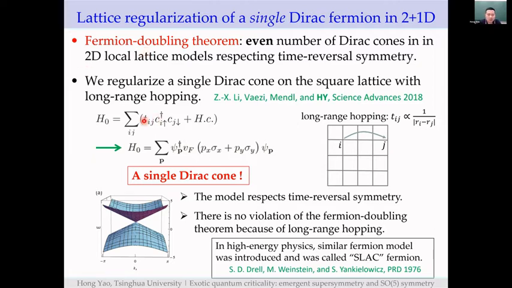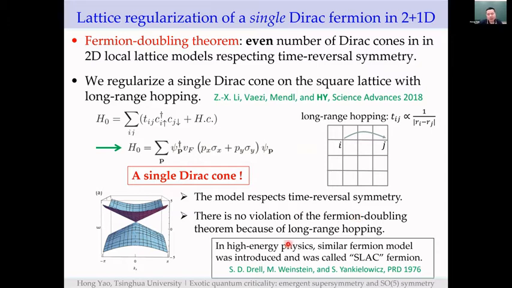We consider this hopping between spin up and spin down, but the hopping is not strictly local. Actually, at long range, the hopping decays as a power law, a 1/r decaying hopping strength. If we do a Fourier transform of this long-range hopping model, we get a perfect single Dirac cone. This model respects time reversal symmetry, and there is no violation of the fermion-doubling theorem because of long-range hopping.